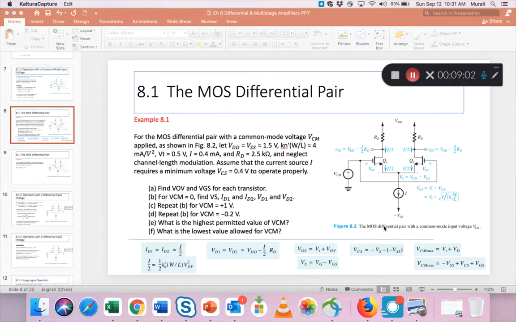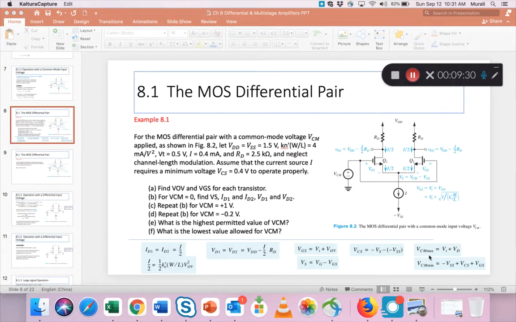The voltage at the source, Vs, is Vg minus VGS. The voltage across the biasing current source is this. And lastly, it asks for the maximum and the minimum of VCM, and it can be derived using these.